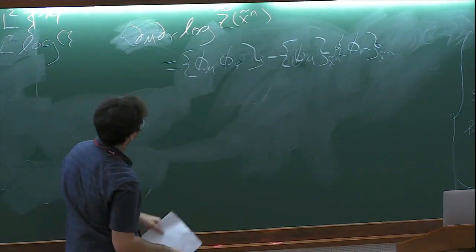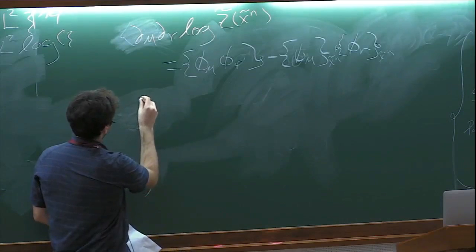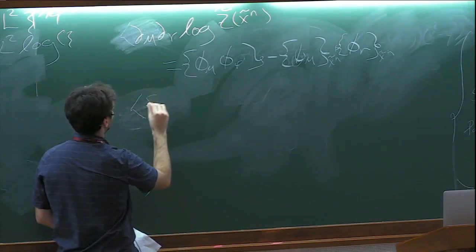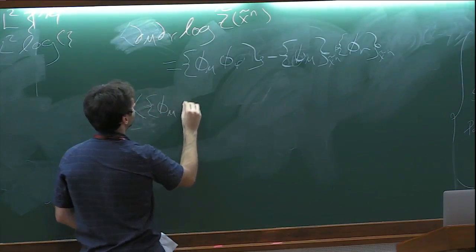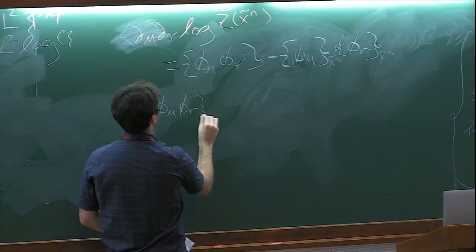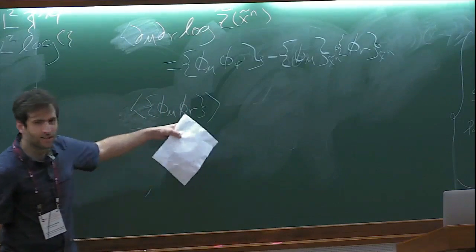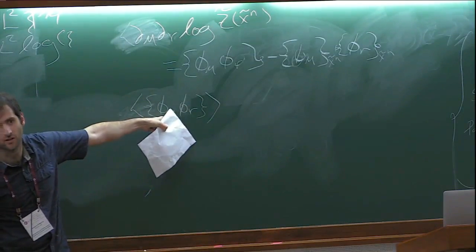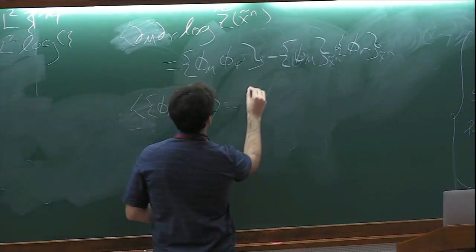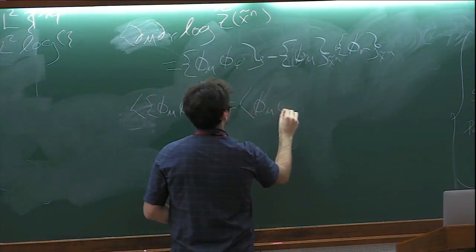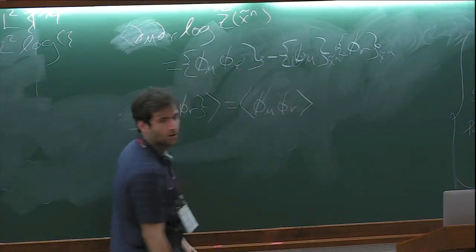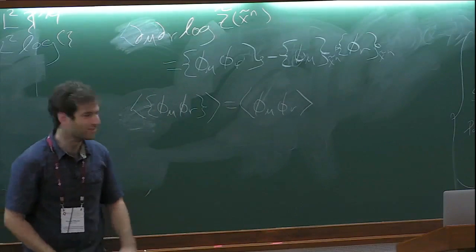So with this, the other thing that I need is that if I take the expectation value, if I write it like this, then these inner brackets are redundant. So this equals phi mu phi nu. Can anyone argue this?